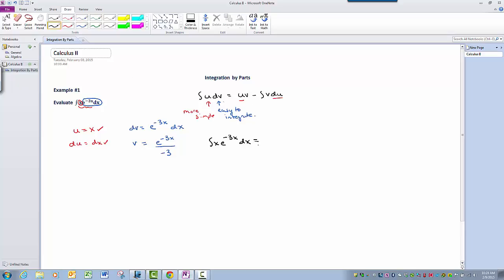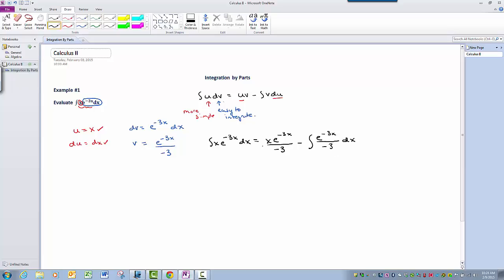Well, u is x, v is this guy, minus the integral of v, which again is this guy, du, and du is dx.